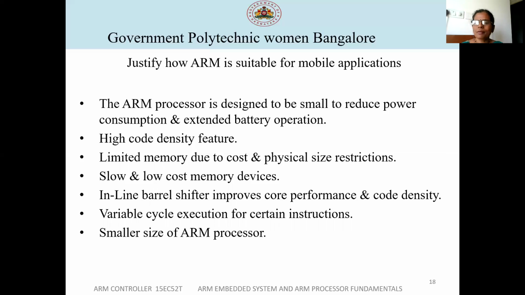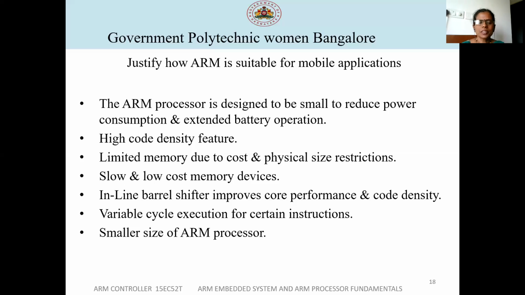These are all we require for our mobile phones. We want our mobile phone to operate for a longer time. If we charge in the morning, we wish it to last throughout the day. That feature is available in ARM because the size is small, power consumption is less, and it extends the battery operation.